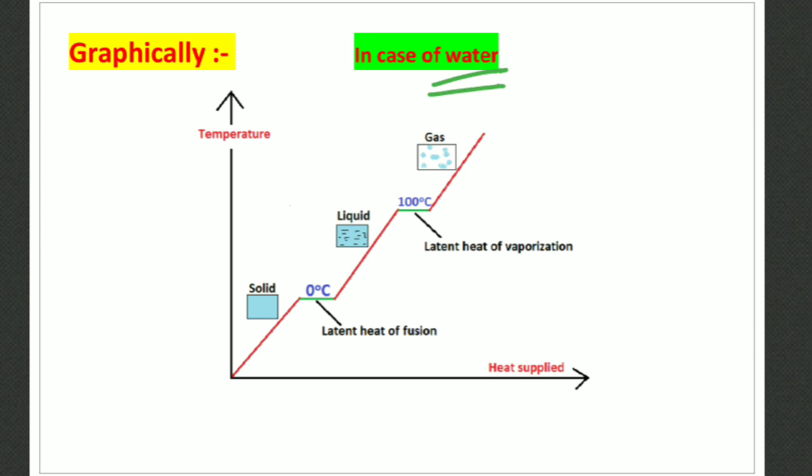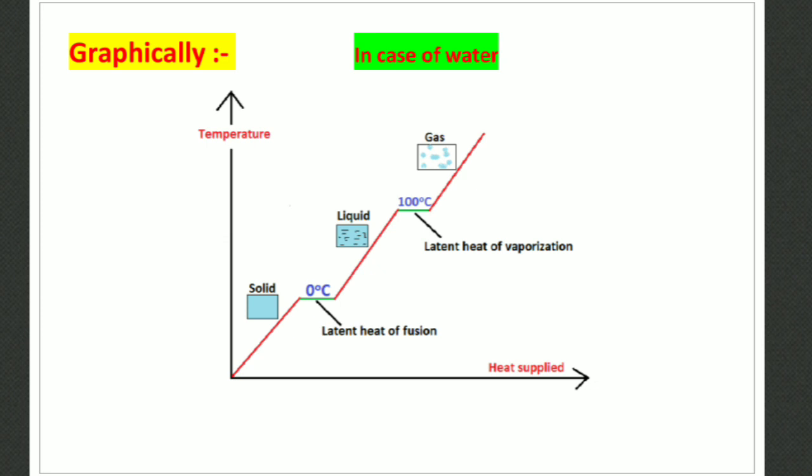Here the liquid state is converted into the gaseous state, but the temperature of this system will be the same, that means 100 degrees Celsius. So the temperature is fixed, but the energy of the particles increases.